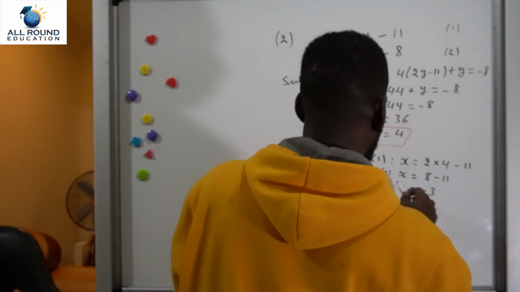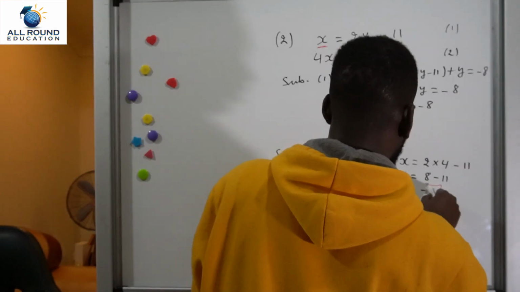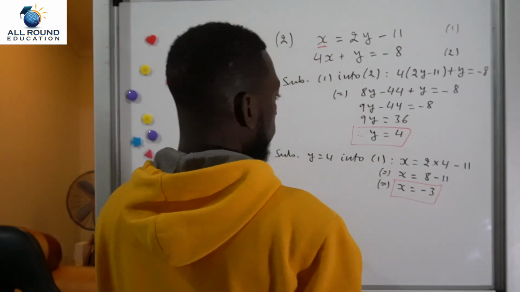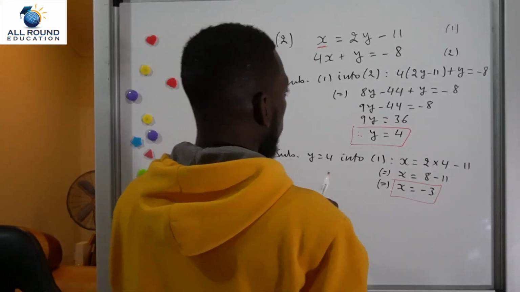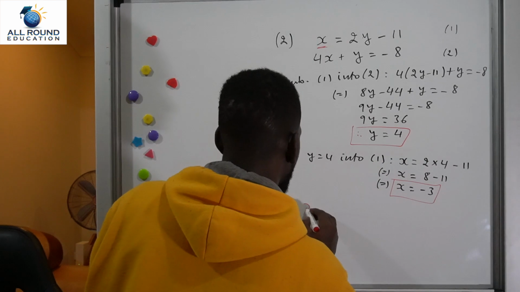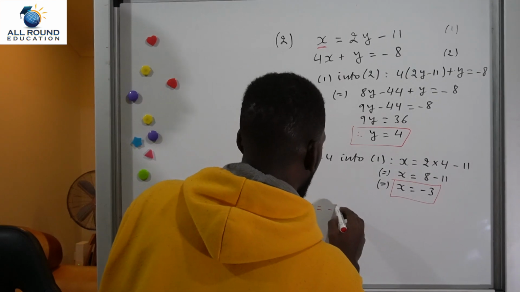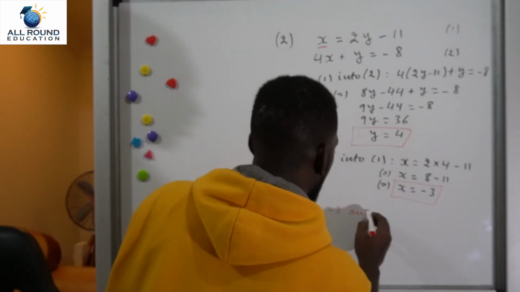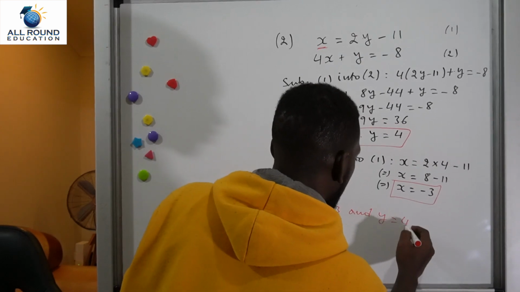So these are two values for our equation. However, what you have to write as a solution is x equals negative 3 and y equals 4.